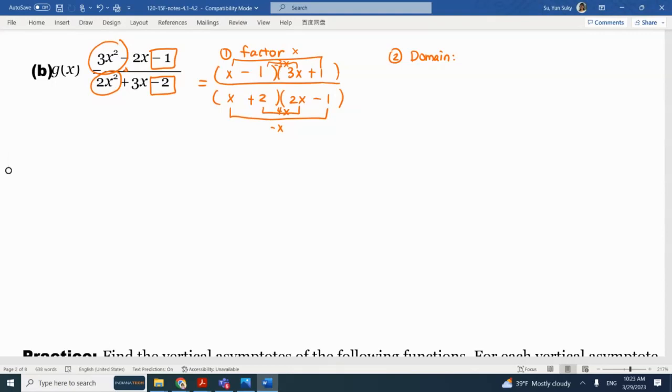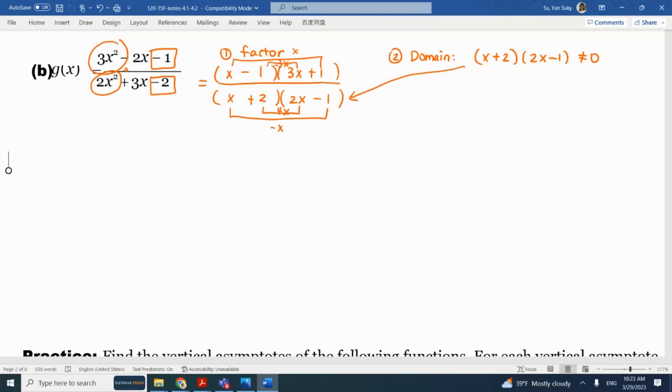You see here, the domain is when the denominator is not equal to 0. Right? Domain is when the denominator is not equal to 0. So, Diana, a product of two factors is not equal to 0.